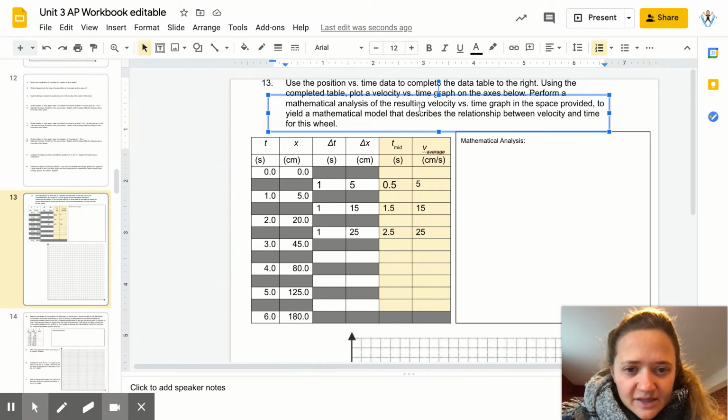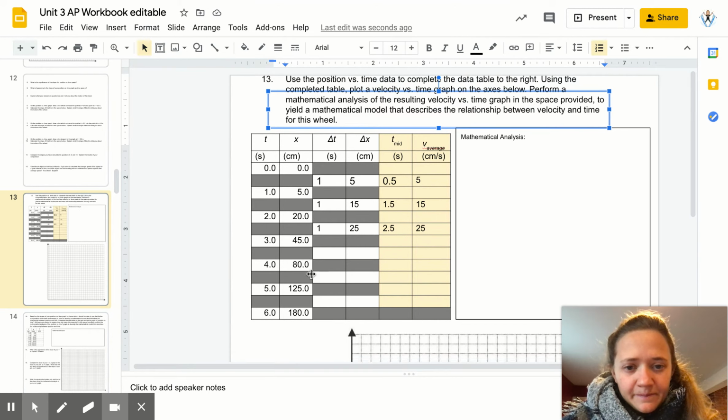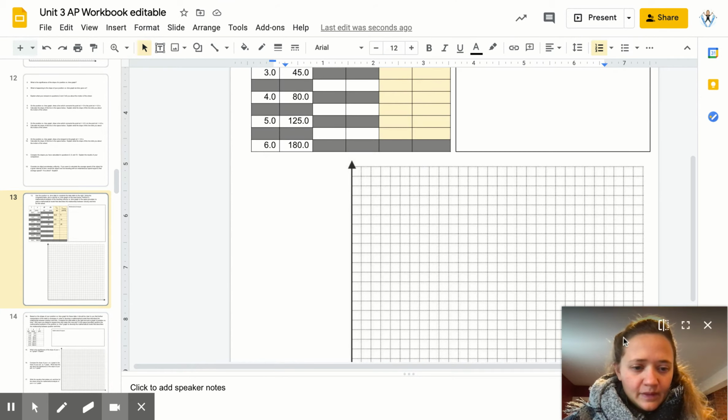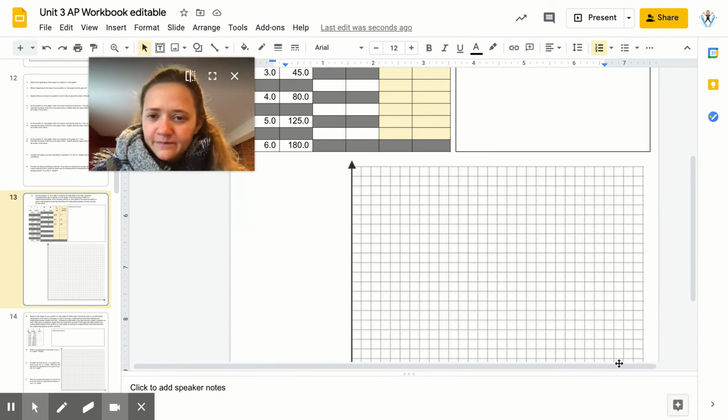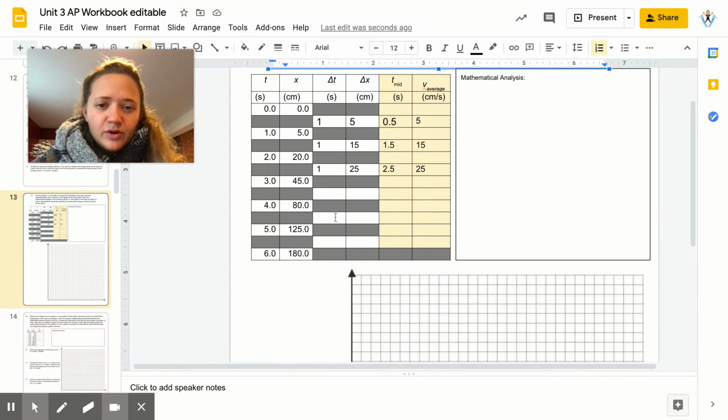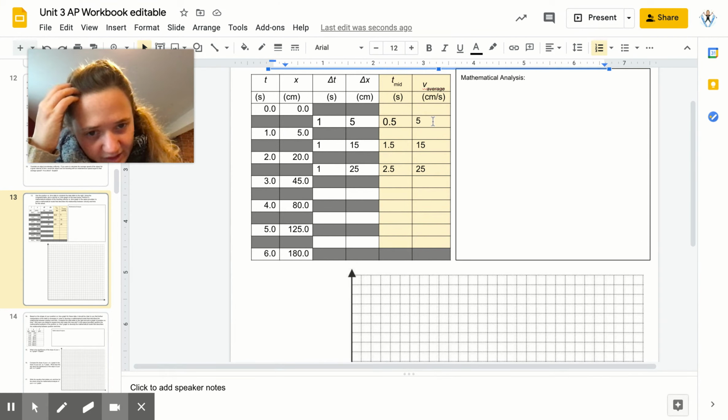And that is the next step. So plot a velocity versus time graph on the axes below. So we're going to have T mid and V average as what we're plotting. And so let's go ahead and plot these 3 points. We've got 0.5, comma 5.